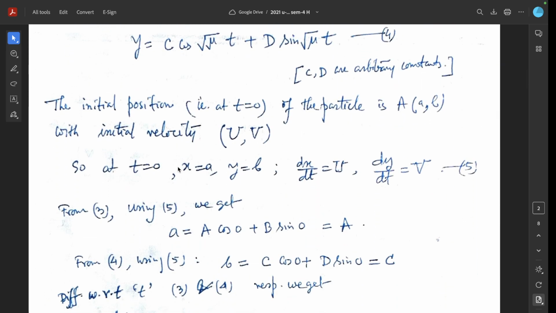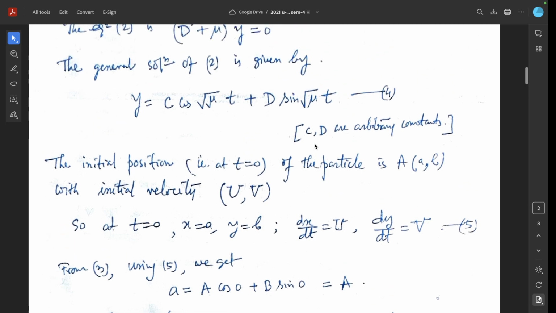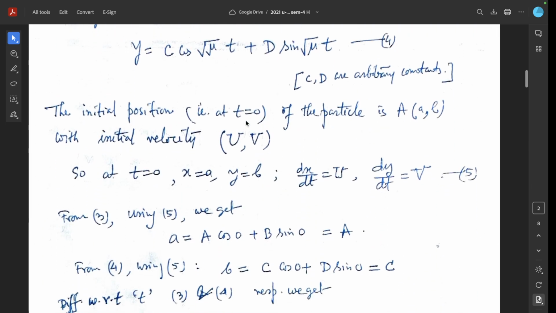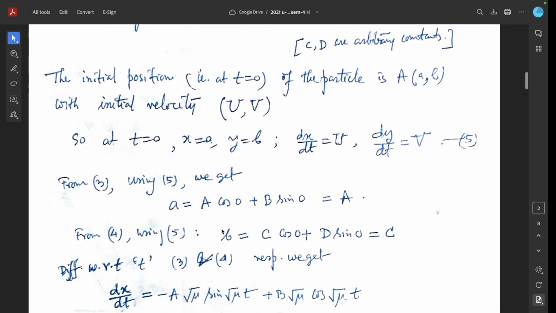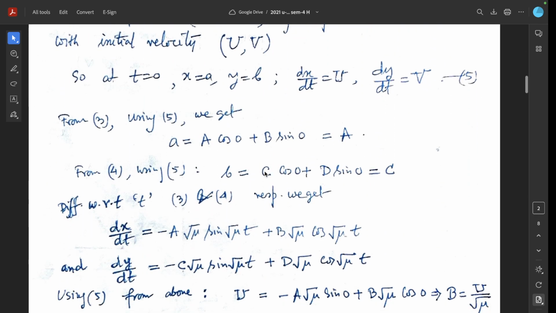So at t equal to 0, x equal to a, y equal to b, and velocity components dx/dt equal to u, dy/dt equal to v. From equation 3, using these conditions, we get small a equal to capital A. And from 4, using these initial conditions, we get b is equal to capital C.